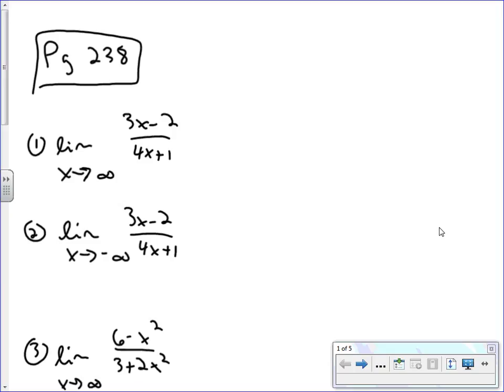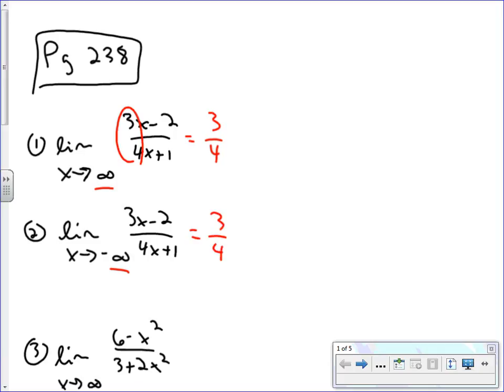We are looking at the degree of the numerator and the degree of the denominator, which is the same. The highest power is x to the first for both of them. So this answer is just the coefficients of that highest term. And it doesn't matter if you're doing x approaches infinity or x approaches negative infinity, you're going to get exactly the same thing.